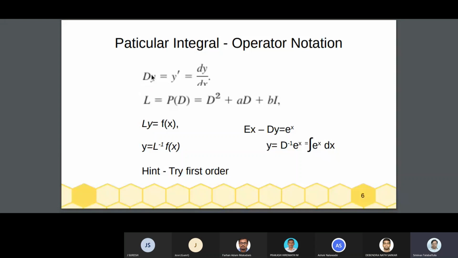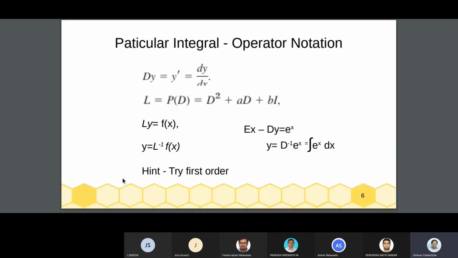Isn't that an interesting question? If you have a solution y for a small differential equation, dy by dx equal to f of x, you can say that y is 1 by D of f of x.